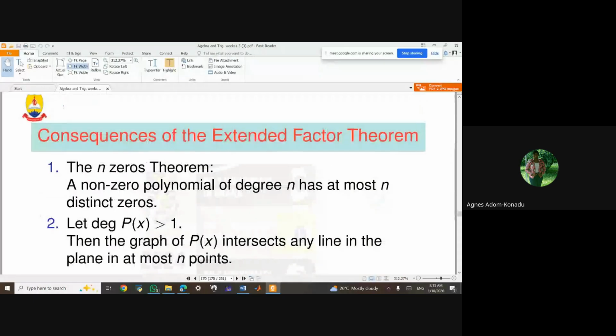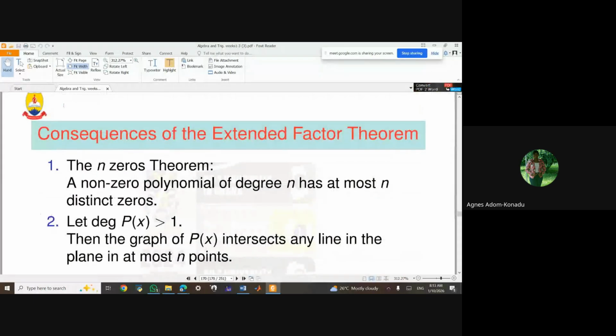Yes, please, you can do that. We want to look at consequences of the extended factor theorem. Okay, so Samuel too, I saw your hand up. Madam, sorry, it is an old hand.